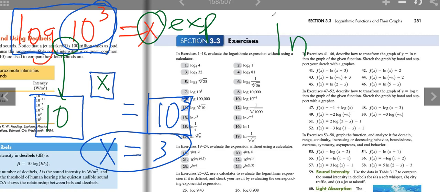Other things that involve rewriting things to a common base, that's where you're going to have to spend a little bit more effort. This should be, oh, hey, 10 to the x equals 10 to the third. Oh, yeah, x has to be 3. So that should be a quick process.